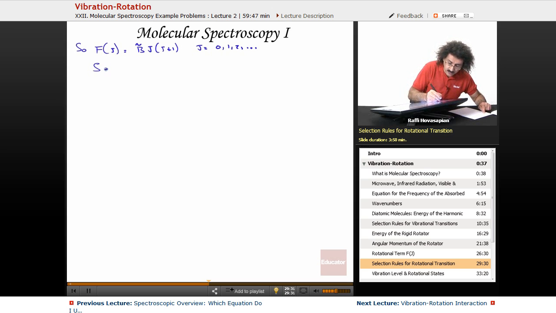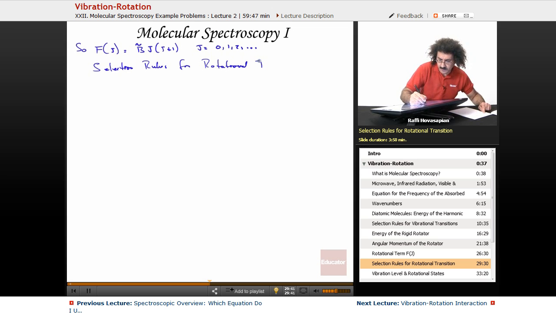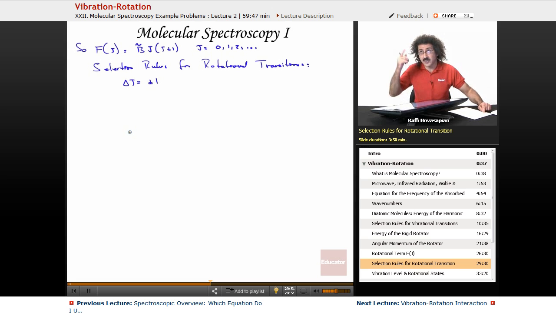Now the selection rules. Okay, so the selection rules for rotational transitions. For rotational transitions, delta J equals plus or minus 1. That means it can only go from one rotational state to the next, either up or down. It's not going to jump 5 levels.